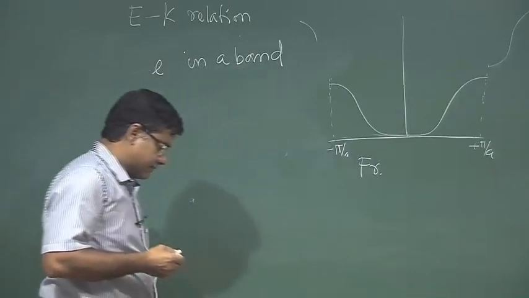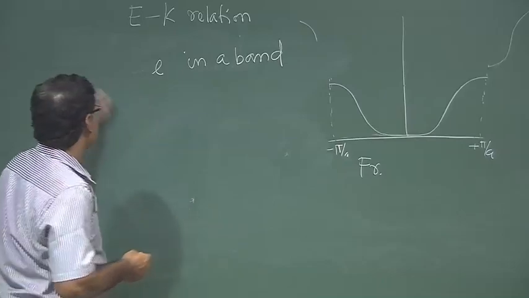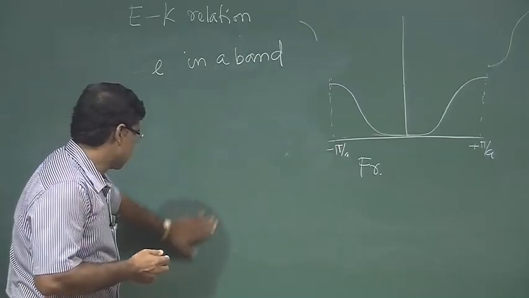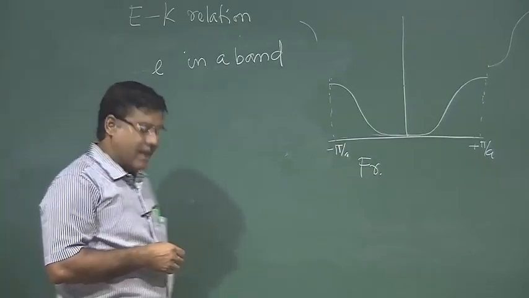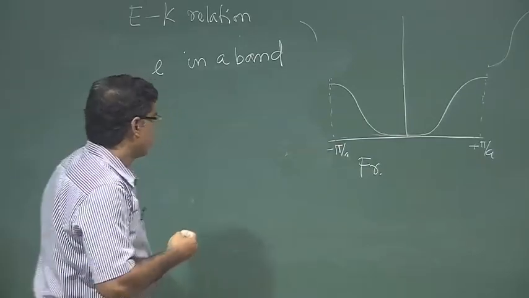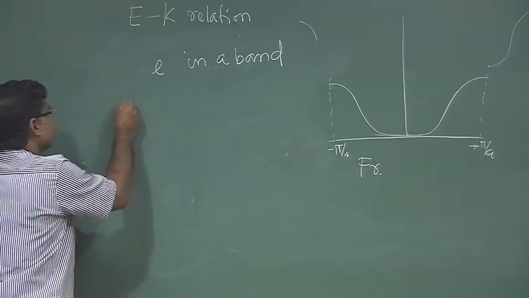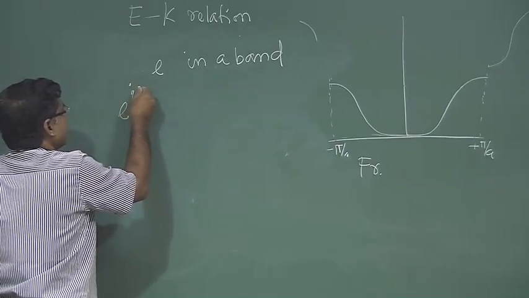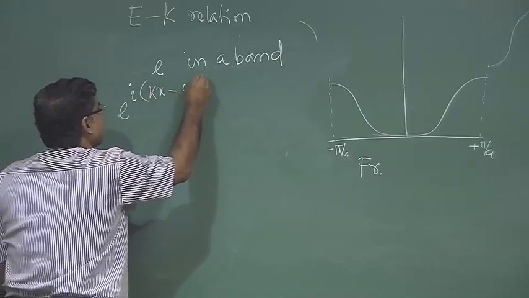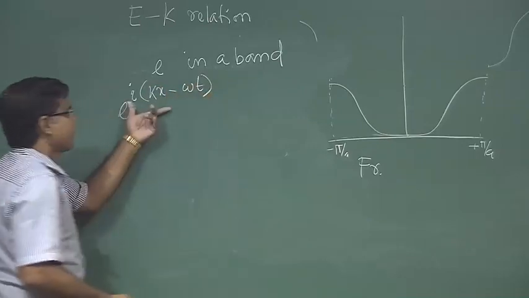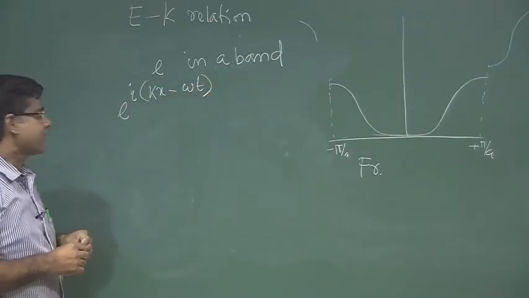Basically, this is a plane wave, a travelling wave, which we generally write as e to the power i(kx minus omega t). That is the wave function for a free electron.